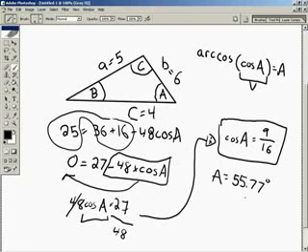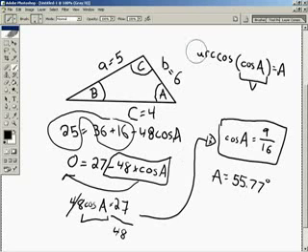The reason you didn't get the same answer here is because I'm making these numbers up as we go, and therefore they don't line up perfectly. But if you were doing a proper problem where everything was planned out ahead of time, it wouldn't matter if you used the law of cosines or the law of sines or whatever to solve for your side or angle. You'll get the same answer. It's the beauty of trigonometry.